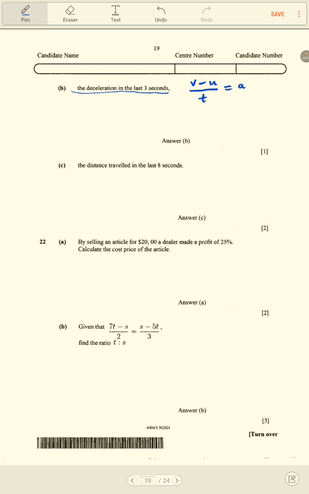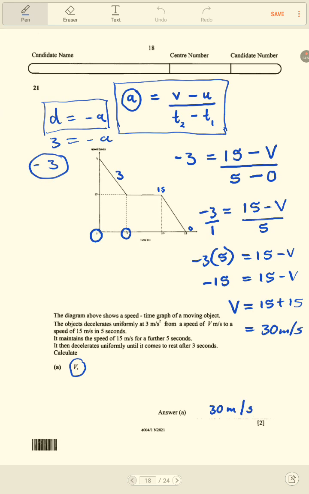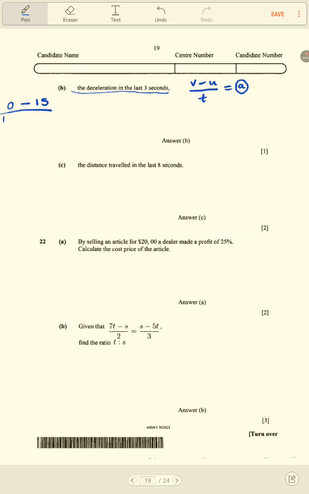So if we calculate it using this formula, it means you're going to get your answer as negative, but then you change it by dropping the negative sign. So the final velocity is 0, and the initial, when it started to decrease, was 15, and the final time here is 13, and the initial is 10. 13 minus 10 is equal to a.